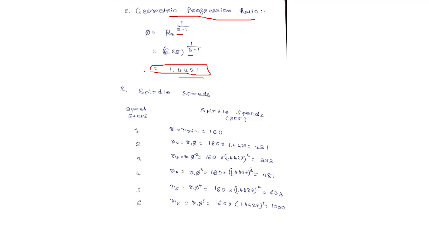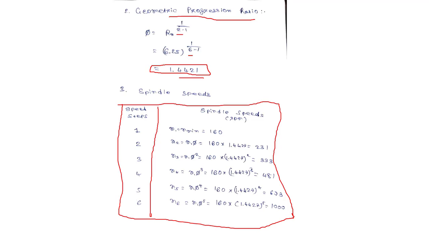From this geometric progression ratio we find the different speeds for our gear. So we have 6 speed steps for our gearbox, and we have to derive one table in which we are using 6 speeds: 1, 2, 3, 4, 5, 6.